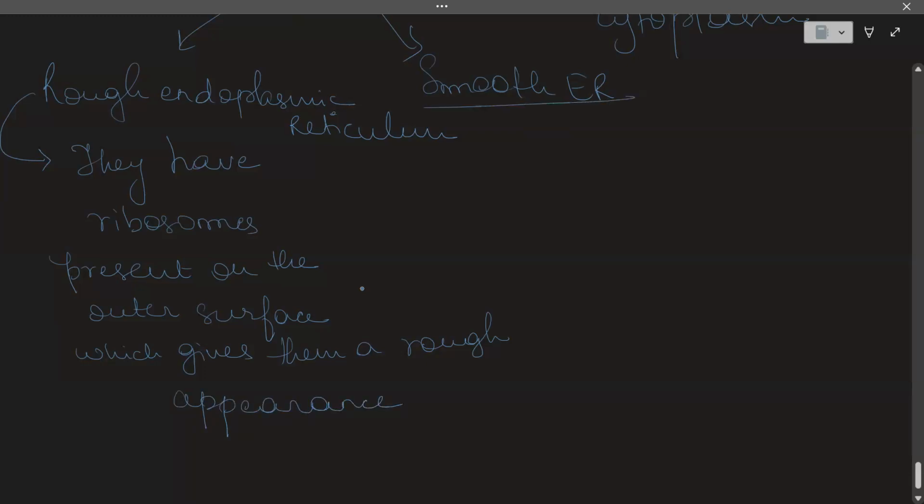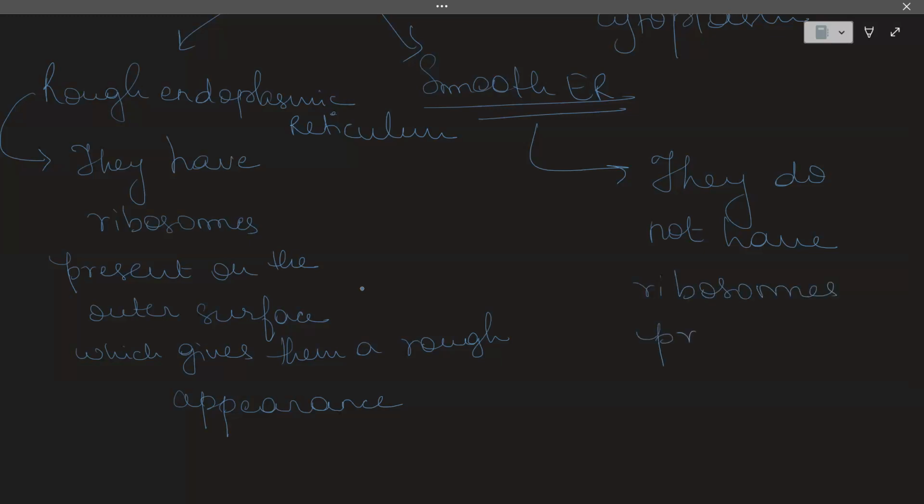And talking about the smooth endoplasmic reticulum, they do not have ribosomes present on them, which provides them a smooth appearance.